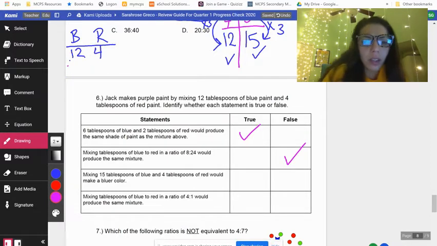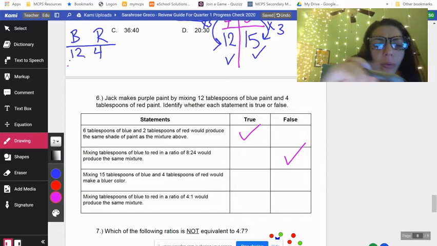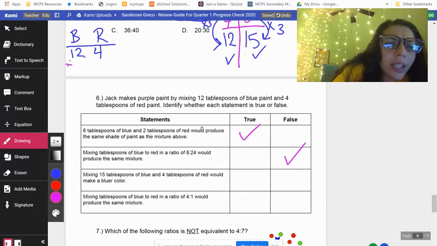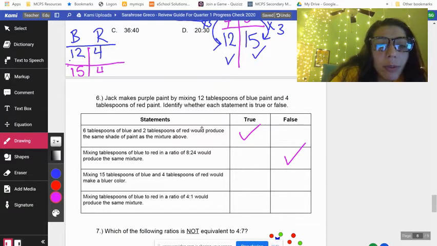All right. Mixing 15 tablespoons of blue paint and 4 tablespoons of red will make a bluer color. So we're not going to multiply anything, but they're saying if we add 3 more tablespoons of blue and keep the red at 4.